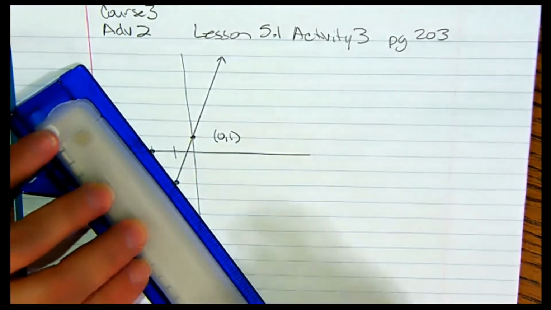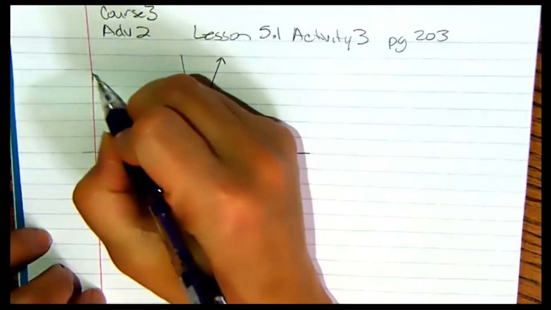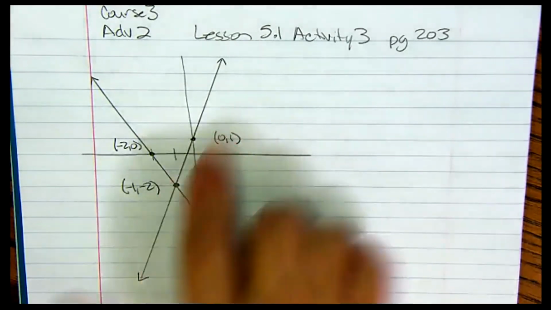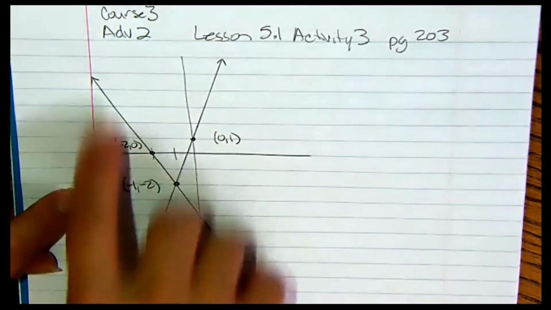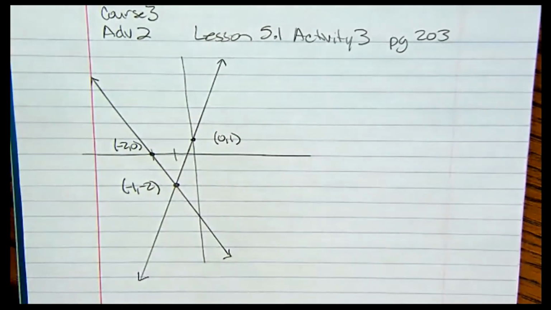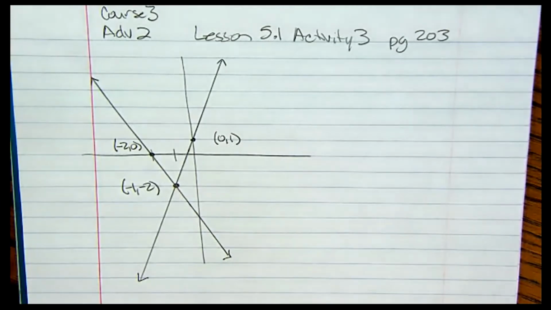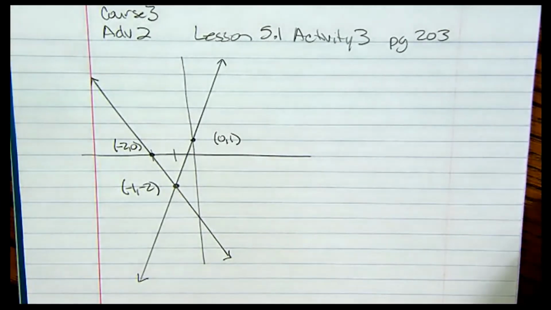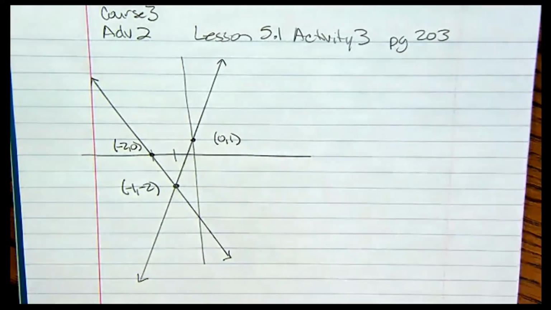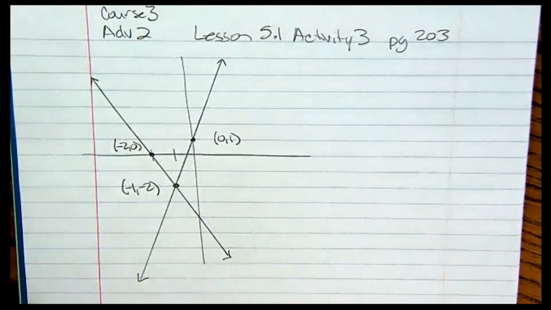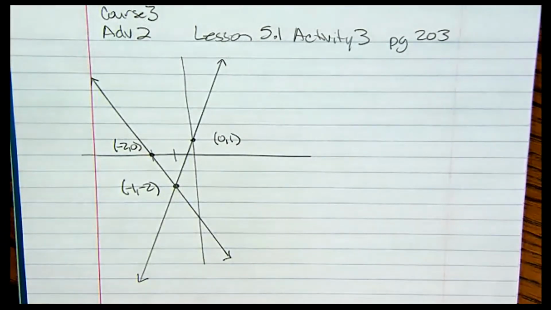So in this case, instead of giving us a system of equations, the book has given us a system of graphs. So here we have two lines. This is where they intersect. And the book is asking us to write the system of equations for this graph. Okay.